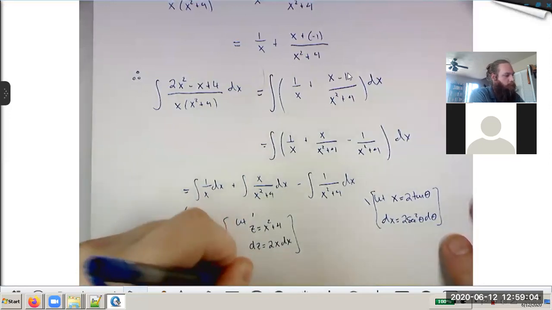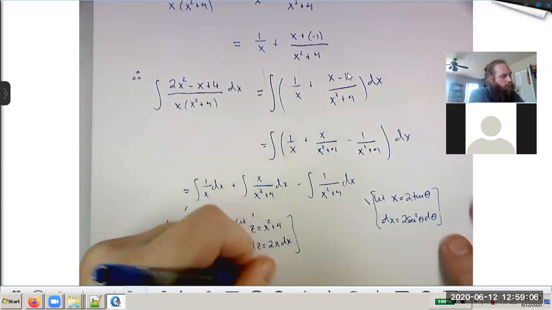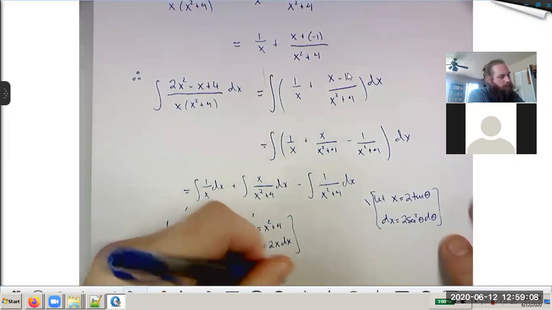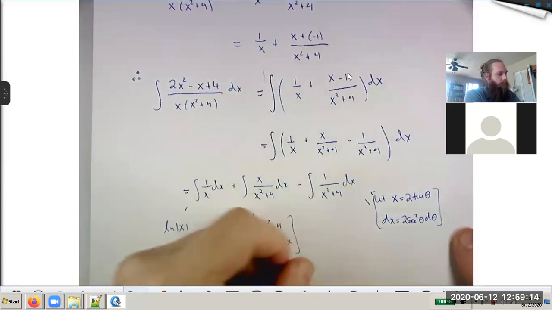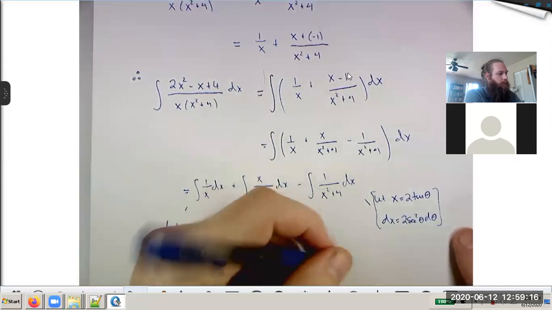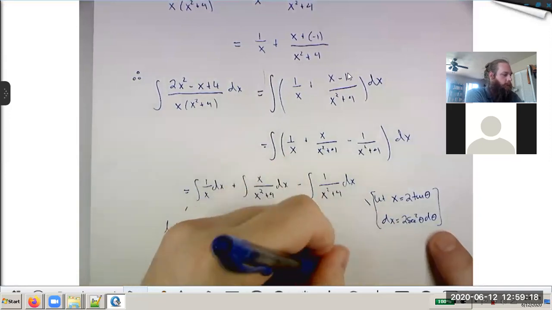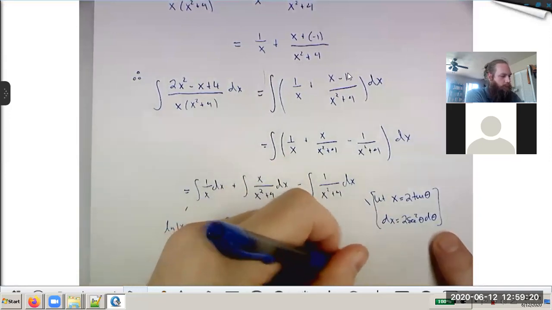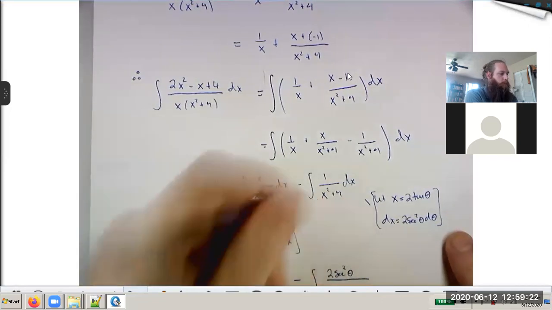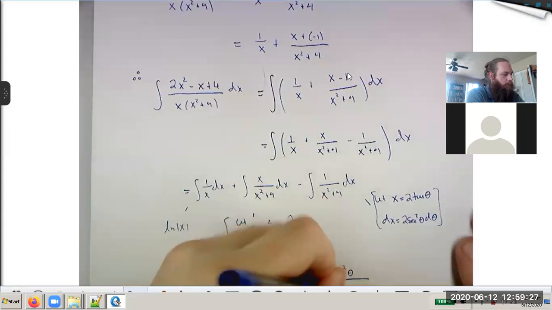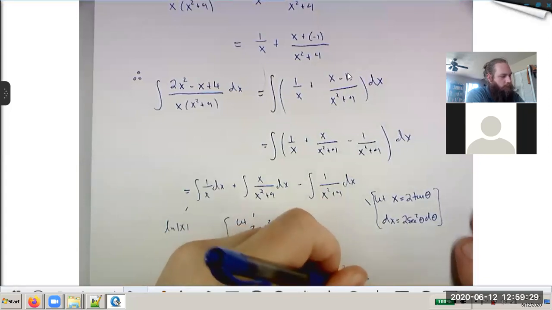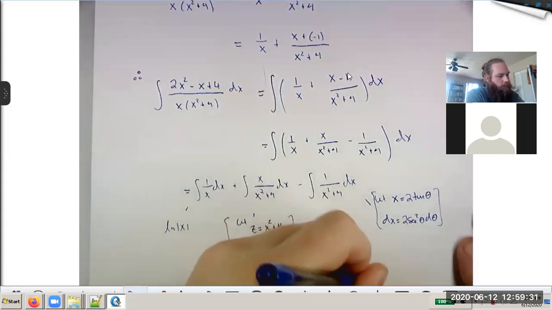So I'll have plus 1/2 integral 1 over z dz minus, here, my trig sub, I have 2 secant squared theta d theta from my differential. And then the denominator, x squared plus 4, that's 2 tan theta squared plus 4.